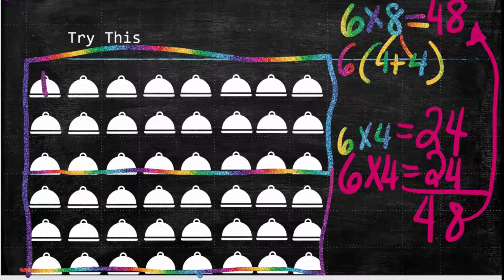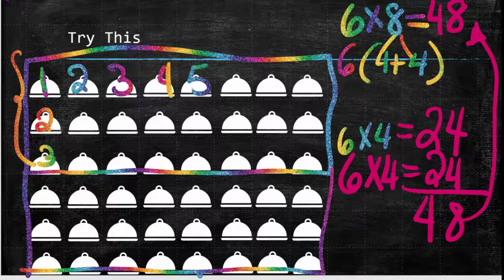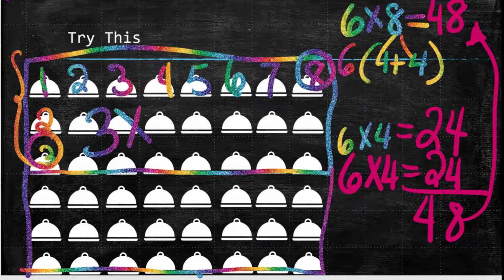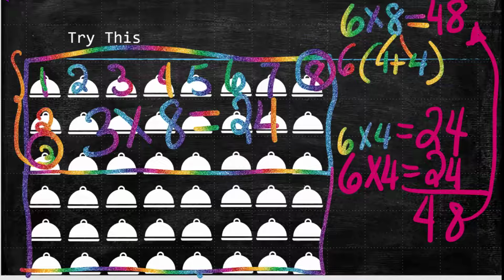So here I have 1, 2, 3 rows in the top part of my array. And I have 1, 2, 3, 4, 5, 6, 7, 8. So my multiplication number sentence, because my factors are 3 and 8, is 3 times 8 on this side of the array. 3 times 8 is 24 once again.